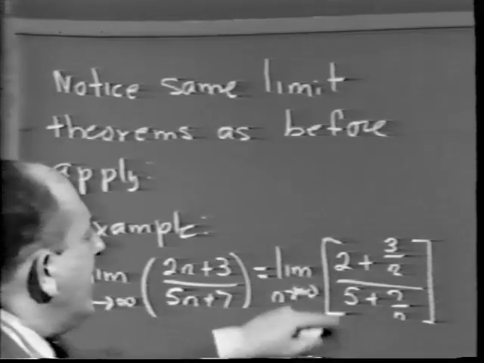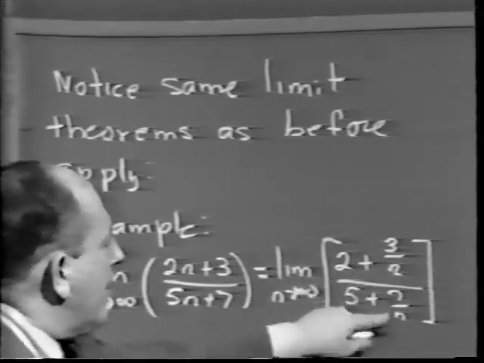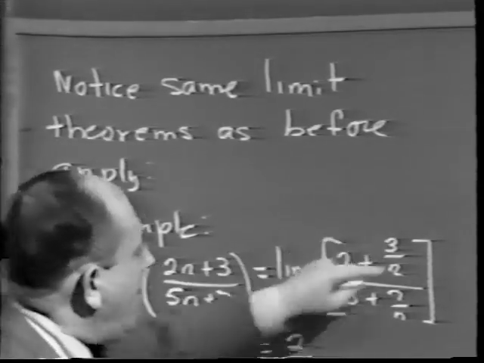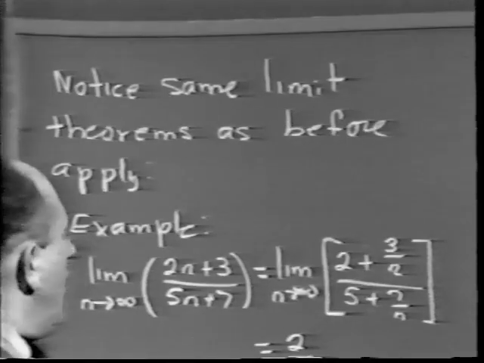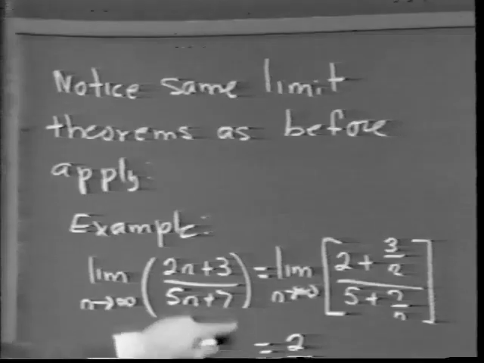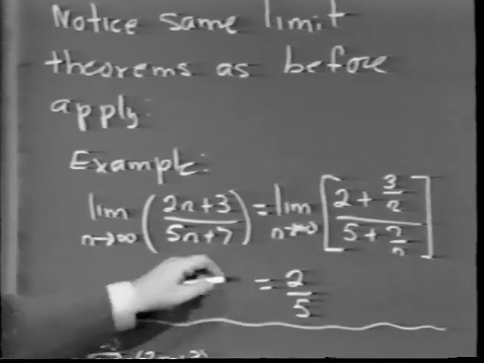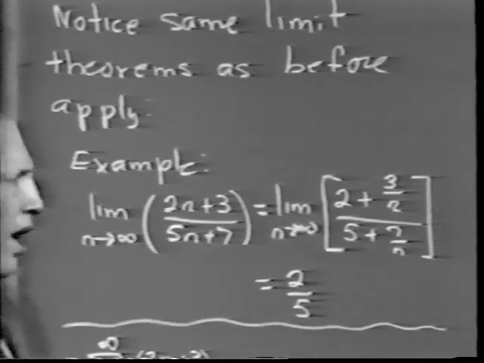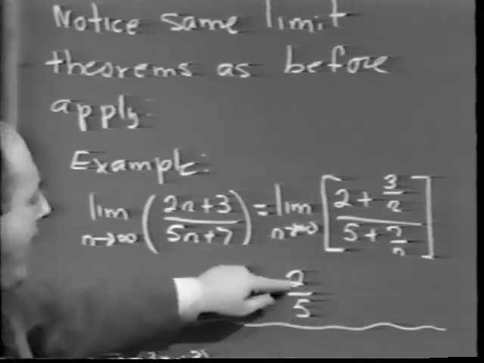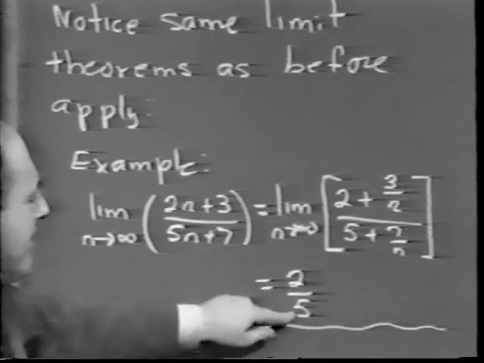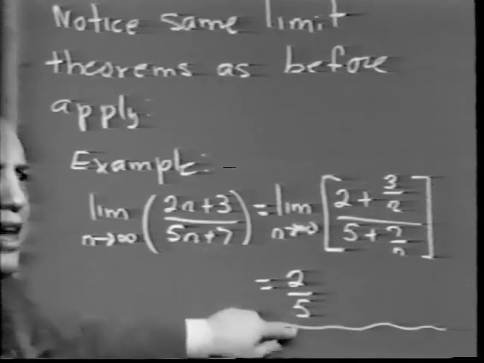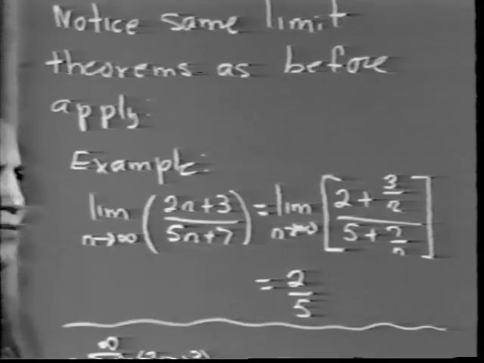Now, using the fact that the limit of a sum is the sum of the limits, the limit of a quotient is the quotient of the limits, and the limit of 1 over n as n goes to infinity is 0, I can use the limit theorems to conclude that the limit of this particular sequence is 2/5. If I wanted to, the same way as we did in block 1 and block 2, where we were talking about limits, given an epsilon, I can actually exhibit how far out I have to go before each of the terms in this sequence is within that given epsilon of 2/5.